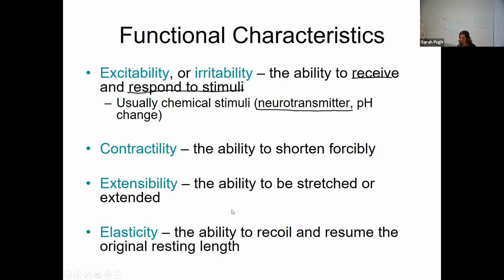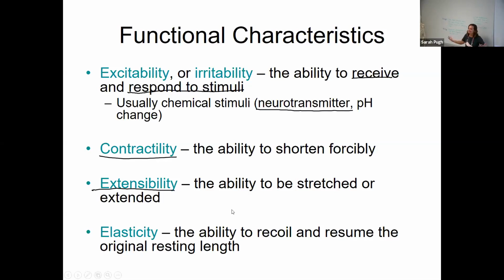We also say that your muscles have to be able to contract. Those cells have to be able to go from being this really long cell to getting shorter. It has to have the ability to shorten. But on the flip side, it also has to have the ability to be stretched out, okay? So you have to be able to get it shorter and stretch it back out. That's called extensibility. So contractility and extensibility. And then elasticity means that if you stretch that muscle out, it's going to recoil and come back to its original resting length, okay?